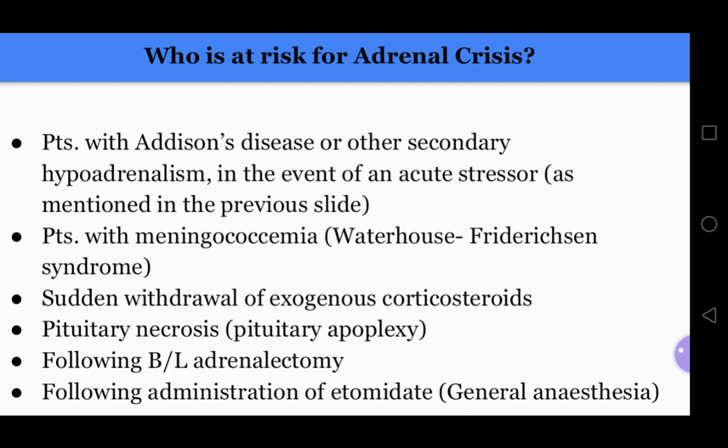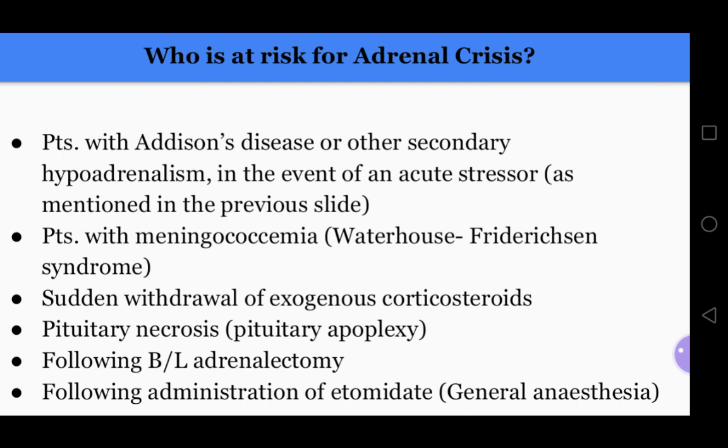So, who is at risk for adrenal crisis? Patients with Addison's disease or other secondary hypoadrenalism in the event of an acute stressor, such as the triggers mentioned in the previous slide. Then patients with meningococcemia are also at risk. This is called Waterhouse-Friderichsen syndrome.